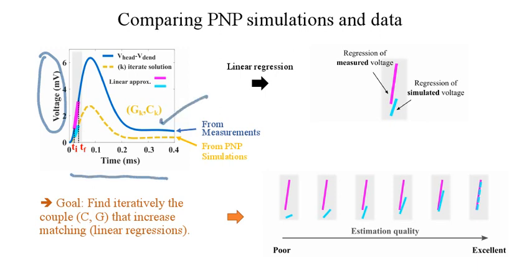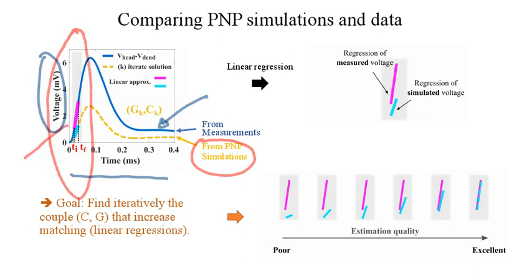So the blue curve is the measurement, and the yellow one is the one calculated from PNP for a given C and G. And so what we are going to use as another piece of information is a derivative, the slope here, as you can see, the derivative of the voltage as a function of time. And we are going to select this pair GK and CK, so I'll explain in a minute how we do this exploration of parameter, such that these two slopes will coincide.